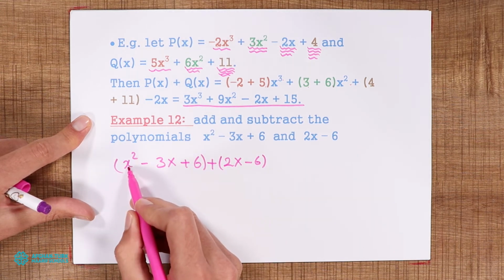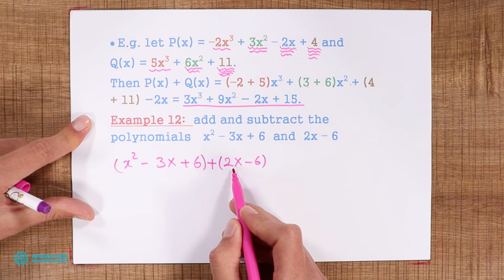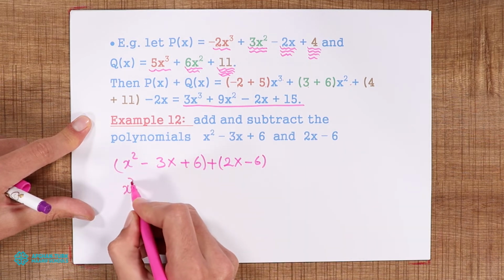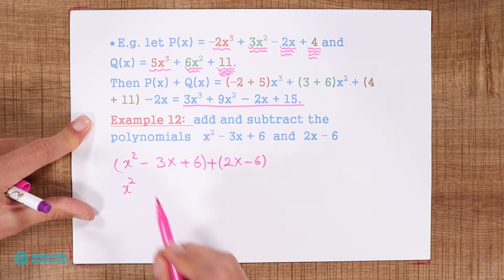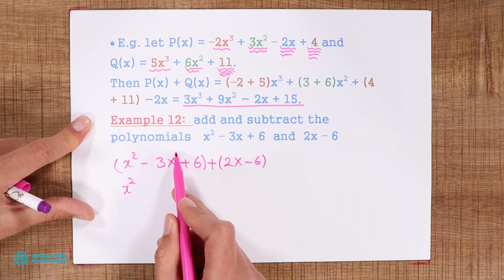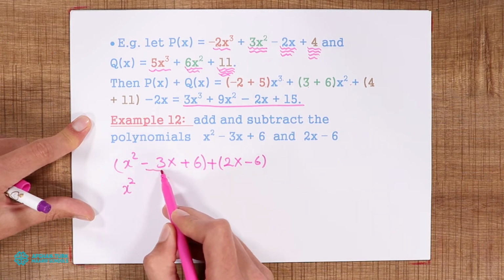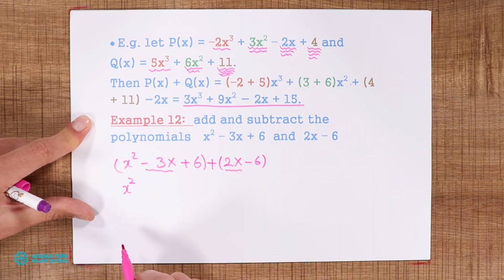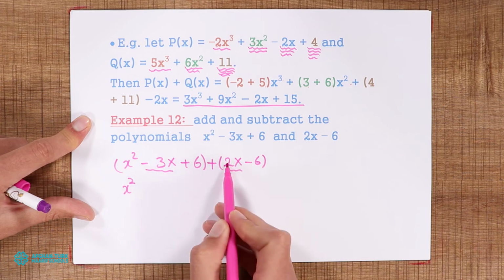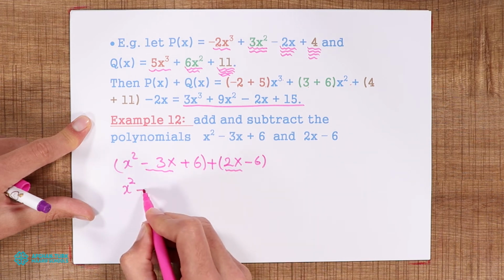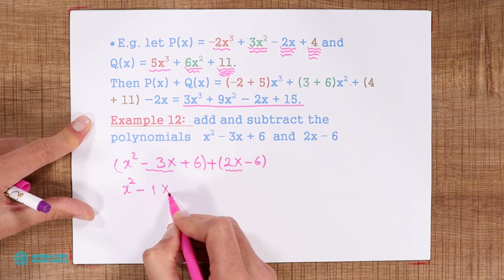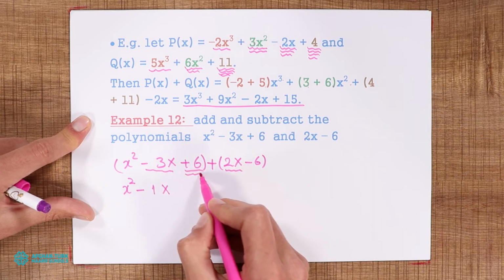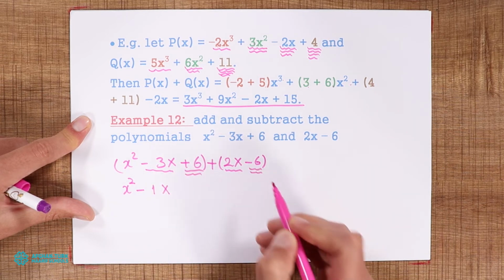Greatest power here is x to the power of 2. Do we have x to the power of 2 here? No, we don't have. So just write it by itself. After 2 we have x to the power of 1, and here we have minus 3x to the power of 1. Here we have 2x to the power of 1. So minus 3 plus 2 will be what? Minus 1x, and at the end we will have plus 6 and minus 6.